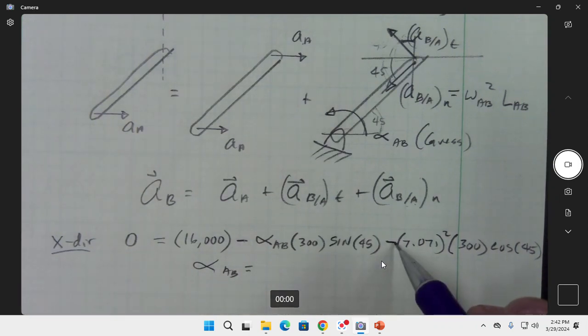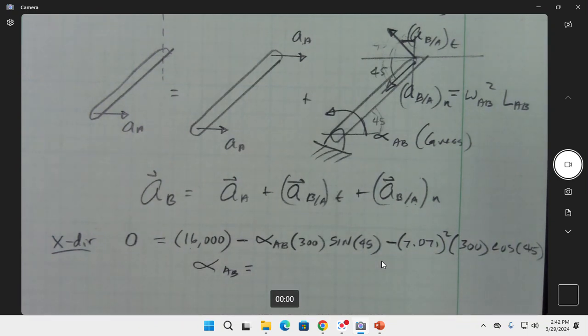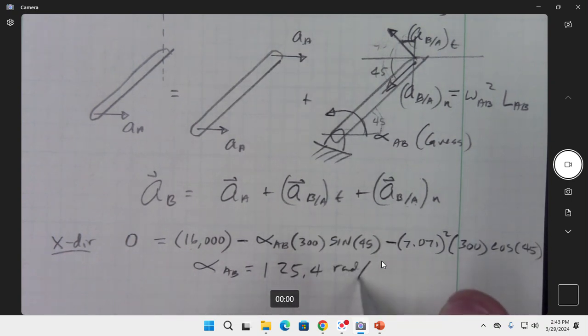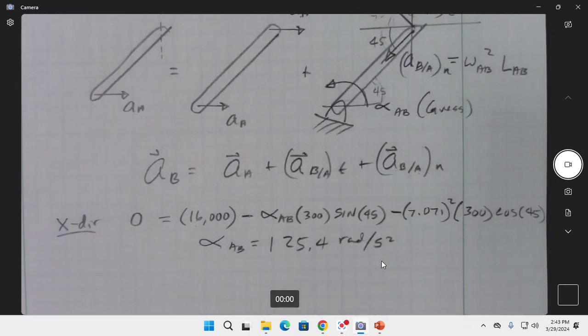Okay, so that's negative. Adds to that. Plus. So now this is going to jump over on the other side. And we go 300 sine, divide. I get a positive 125.4 per second squared. Anybody? Nobody? Okay. Let's take my word for it.